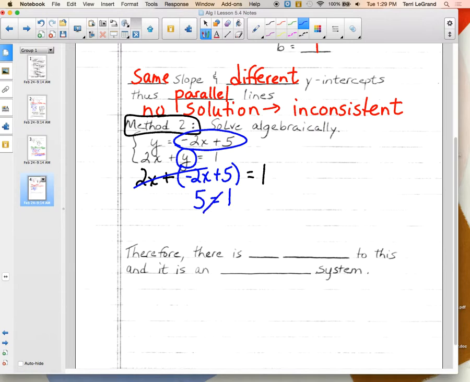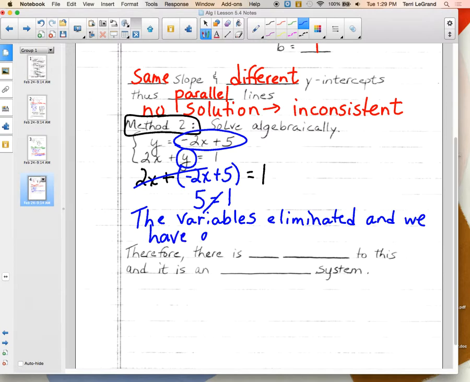So first of all, here's what happened. The variables eliminated, because every time you write this, you're starting to plant it to remember it. The variables eliminated, and we have an inequality this time. They are not equal to each other.